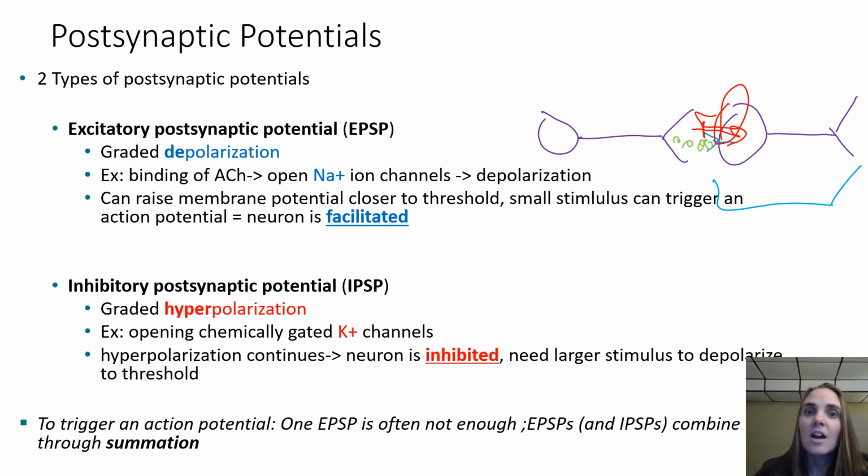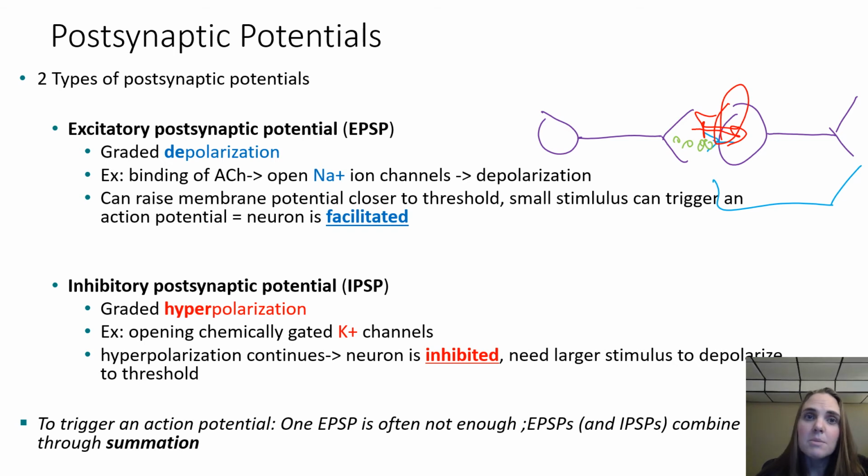Remember, to trigger an action potential, we need to depolarize that membrane to the threshold level, so it makes sense that with an excitatory postsynaptic potential we would be depolarizing. An example would be the binding of acetylcholine at our cholinergic receptors. Acetylcholine binds that receptor on the postsynaptic cell, which opens a gated sodium channel, sodium enters, and that leads to a depolarization of the membrane.